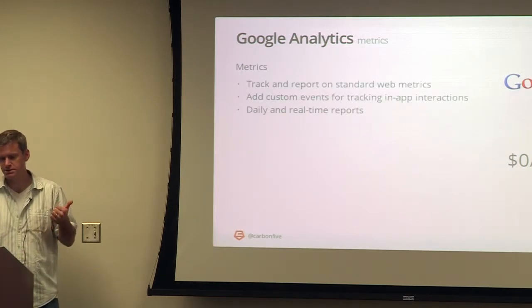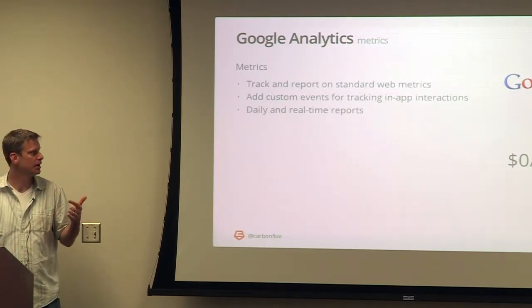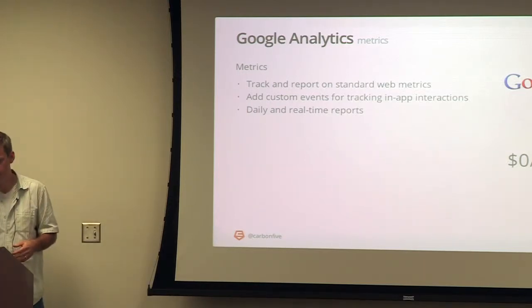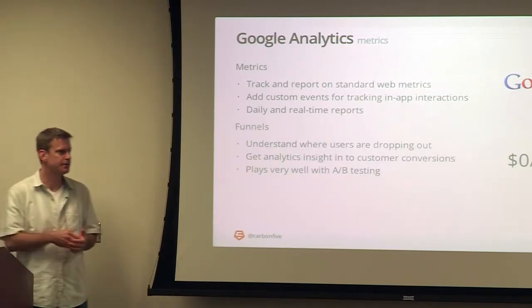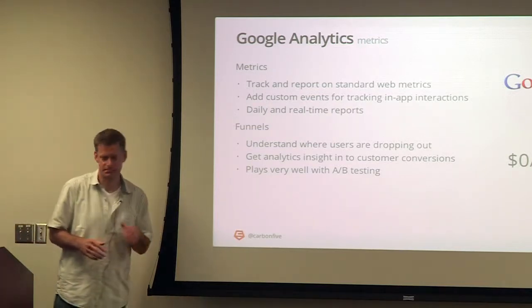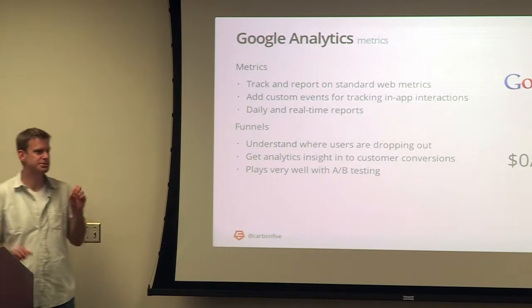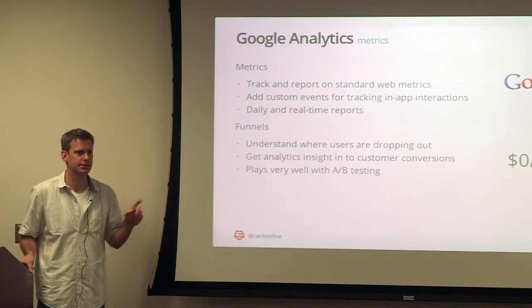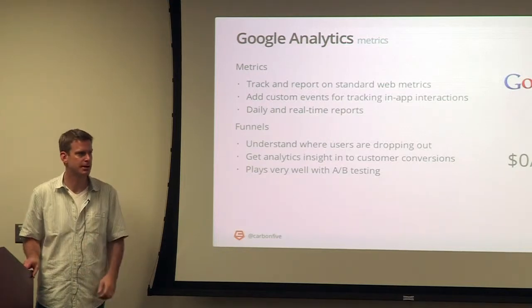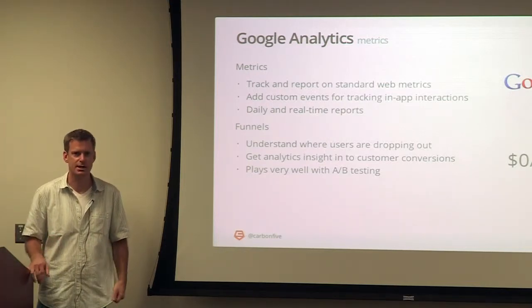Standard web metrics, custom events, real-time, daily, this is a powerful tool. Funnels, integrating with A/B testing, conversions, and it takes 2 seconds to get up and running with Google Analytics. It's literally copying a chunk of JavaScript and throwing it into your template. Deploy your code base, and it's running.